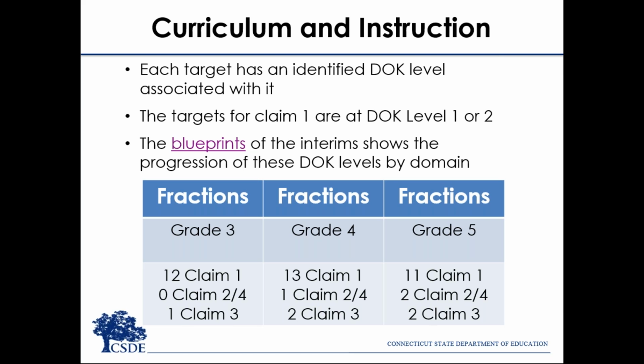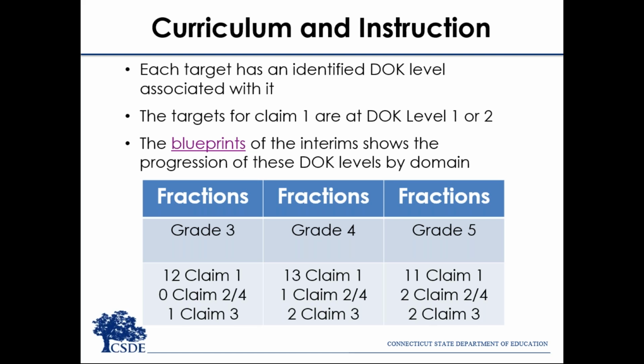If we take a look further, you will see that in grade 3, there are 12 Claim 1 items. There are no Claim 2 or 4 items, and there is one Claim 3 item. By the time you make it to grade 5, there are 11 Claim 1 items, 2 Claim 2 and 4 items, and 2 Claim 3 items.